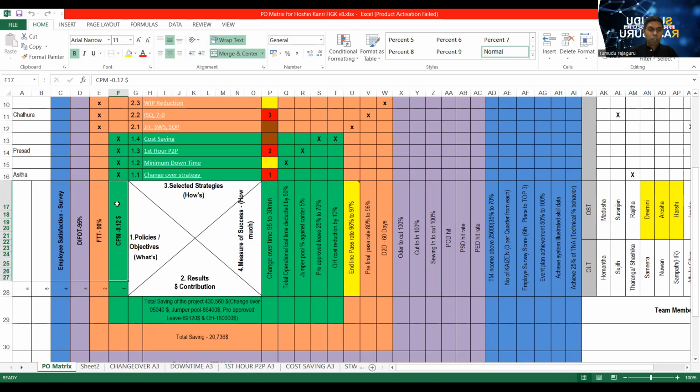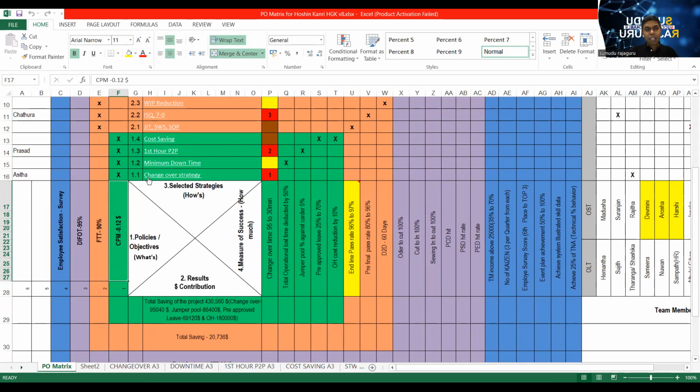Based on the policy, the color is also given in a logical manner. You can see that if you want to address the cost per minute value, there are 4 strategies defined. What are the 4 strategies? Changeover strategy, minimum downtime, first hour P2P, and cost saving.